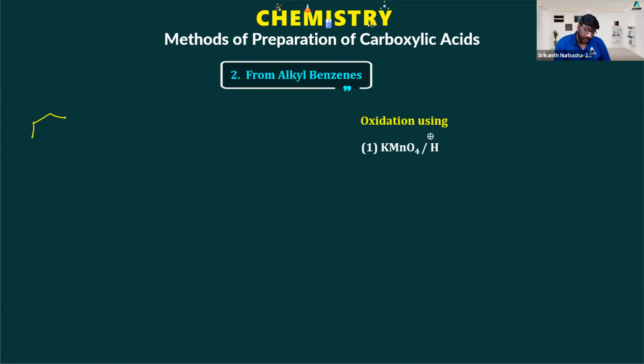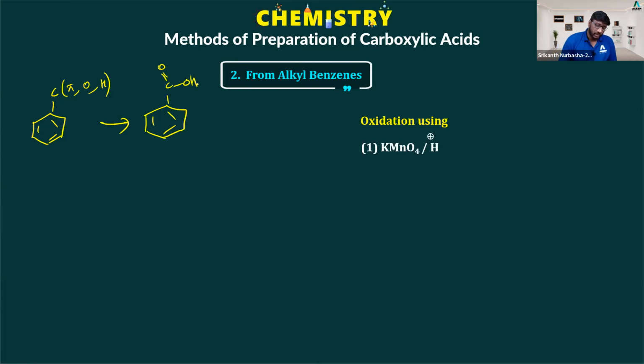And from alkyl benzene, if you look at this benzene group substituted with CH3, or a carbon connected with a carbon which has a pi bond, or oxygen or hydrogen linkage, in the presence of a strong oxidizing agent, it will be converted into the respective C double bond OH. This reaction we have seen even in the hydrocarbons.